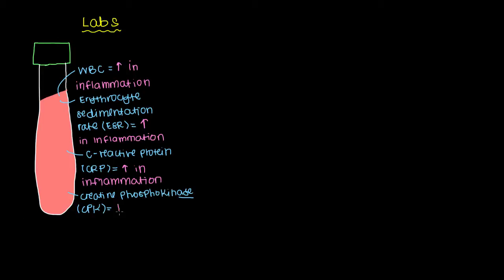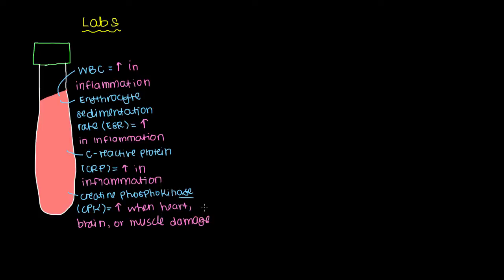And this is more specific because it's increased in our bloodstream when there is damage to the heart, brain, or some muscle. Which means that if a person has myocarditis or if a person has just run a marathon, you wouldn't be able to tell the difference just by looking at the CPK level.